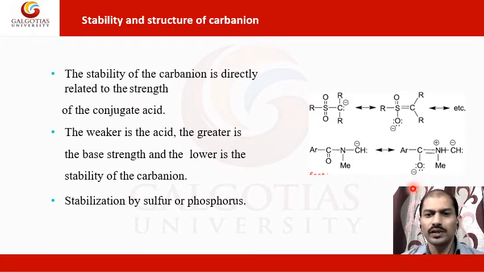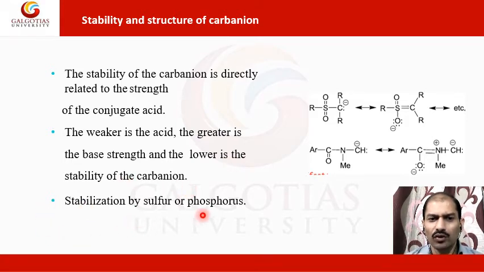So if you look at stability, the stability of a carbanion is directly related to the strength of the conjugate acid. Here you can see the stability order: the weaker the acid, the greater the base strength, and the lower the stability of the carbanion. So you have to see here, the weaker the acid, the greater the base strength, and the lower the stability of the carbanion.